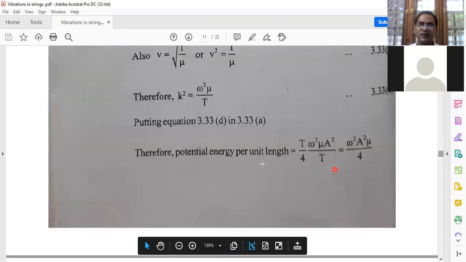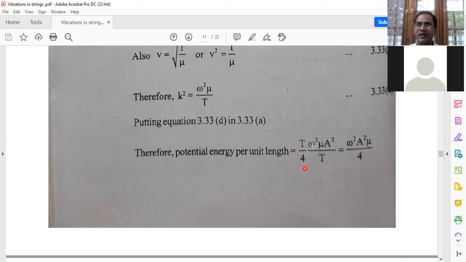Hence the potential energy per unit length equals T/4 ω² μ a²/T. T cancels, giving ω²a²μ/4.